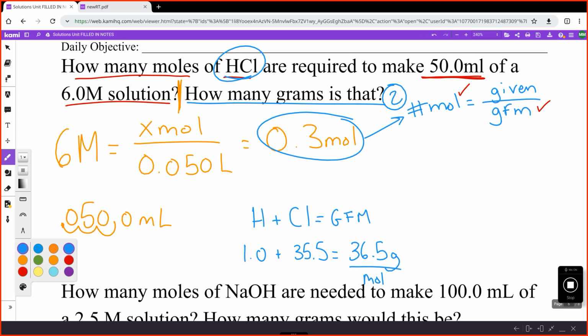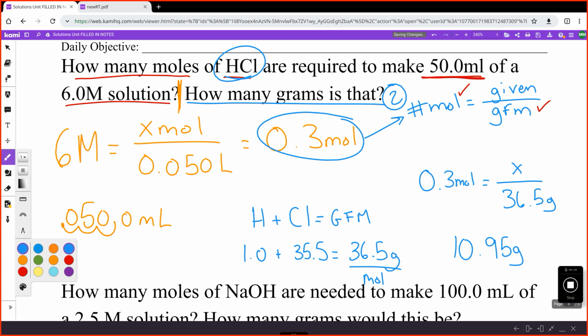Then we plug it all in. We have 0.3 moles from our first calculation. This is going to equal a given amount of mass, and we have a gram formula mass of 36.5 grams. So we do a little algebra: 0.3 times 36.5, and what we find out is some weird number, 10.95 grams.